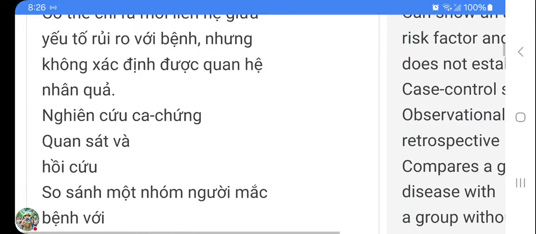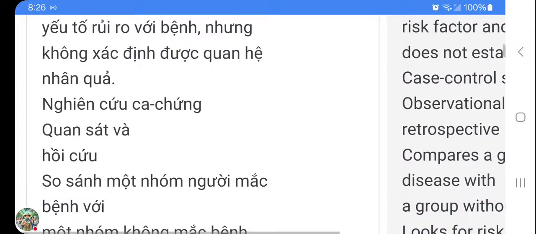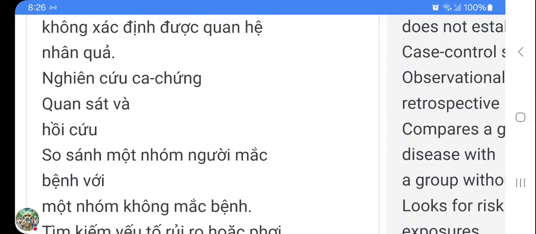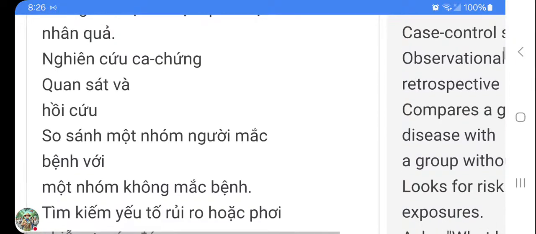Number two, we talk about the case control study. This is observational and retrospective, so we remember something in the past. That's why it is retrospective: something happened already.